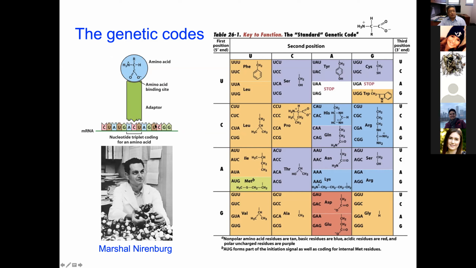After the discovery of the double helix, scientists immediately worked on deciphering the genetic code. I will not get into the details of how it worked out, but it is mostly based on using synthetic oligonucleotides. For example, poly-U codes for phenylalanine, or another polynucleotide codes for another amino acid.